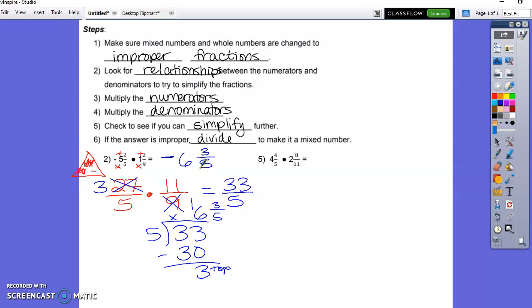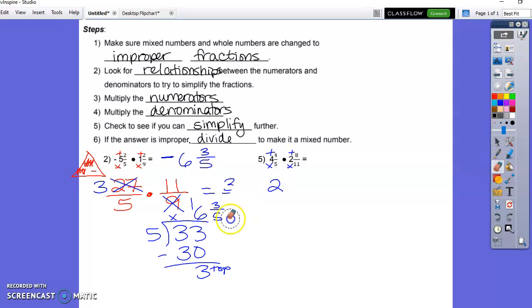Last problem, and then you're going to work on some by yourself. So let's look at number 5. First step, make sure they are improper. Texas, Texas. 5 times 4, 20. 20 plus 4, 24.